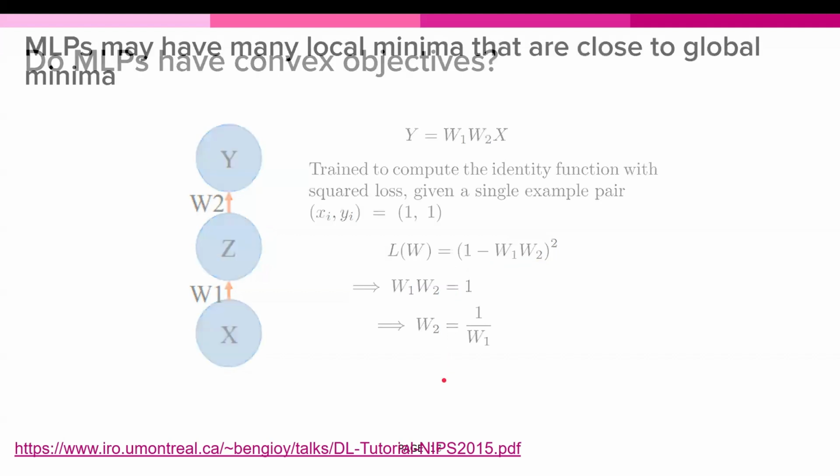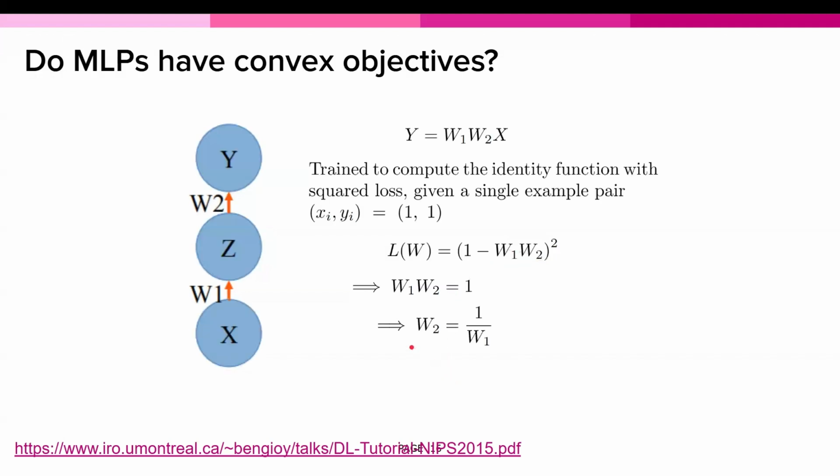This relationship describes a hyperbolic curve in the w1 w2 parameter space. So instead of having a single unique solution, we have a whole set of solutions lying along this hyperbola.